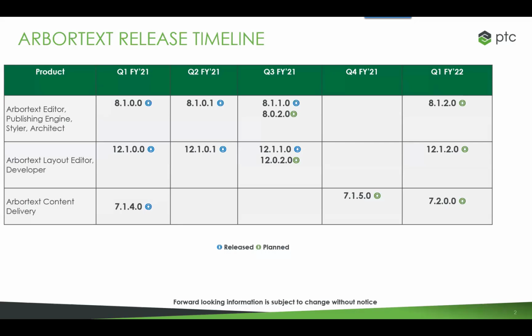So we'll have our Arbortext 8.1.2.0 and then 12.1.2.0 for the ALD, ALE. And also there'll be an update to Arbortext Content Delivery 7.2. So what we'll go over is some advanced information about these releases that are coming up later this calendar year. And, of course, it's always subject to change.